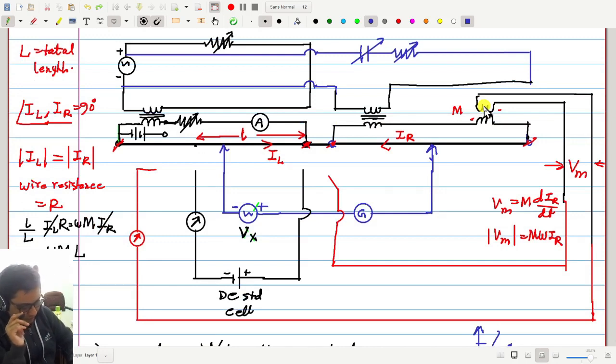Okay, so let me first say this: we have signal generators, we have normal generators, alternators also, and both can give you some rated voltage. You may also be able to control or change that voltage. There may be some nice display, analog or LCD, which may give you the live reading of the voltage being generated.